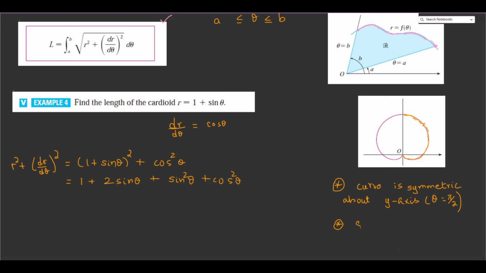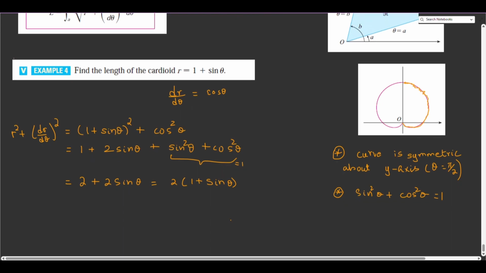We know that sine squared theta plus cosine squared theta equals 1, and we have one more 1 in front, so 1 plus 1 becomes 2. So 2 plus 2 sine theta, and taking 2 out as a common factor, we get 2 times (1 plus sine theta).